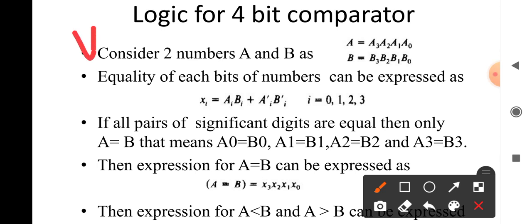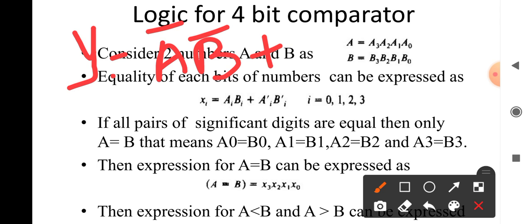What is the XNOR gate expression? AB plus A complement B complement. Why is it taken? When both inputs are equal, then only the XNOR gate's output is positive, high.